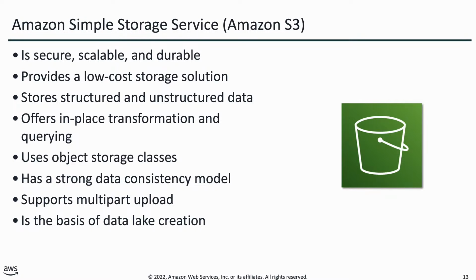There also is a multi-part upload in terms of AWS S3, and this lets you upload huge, large objects. Let's say you're working with computer vision, and when you start a multi-part upload, S3 will automatically divide this into parts, and they can be uploaded independently and in any order.